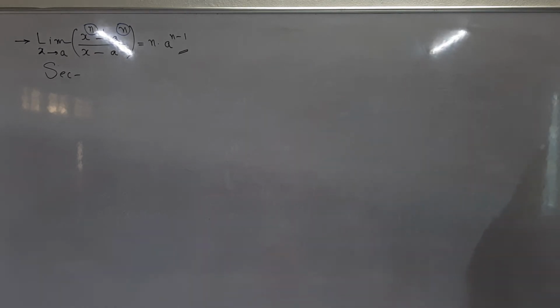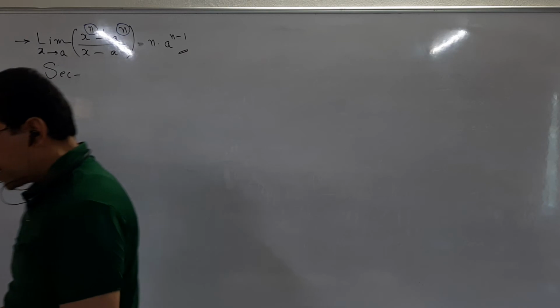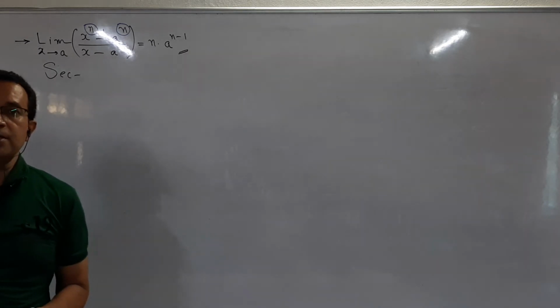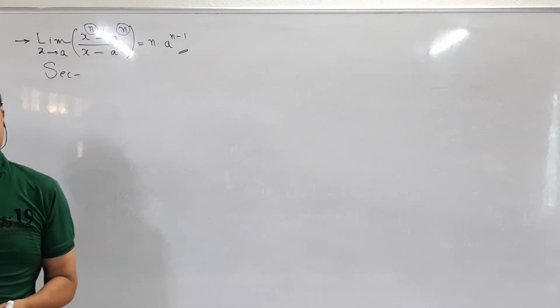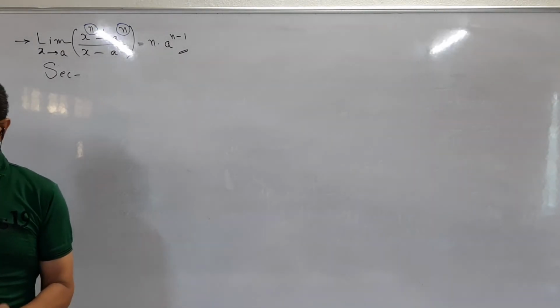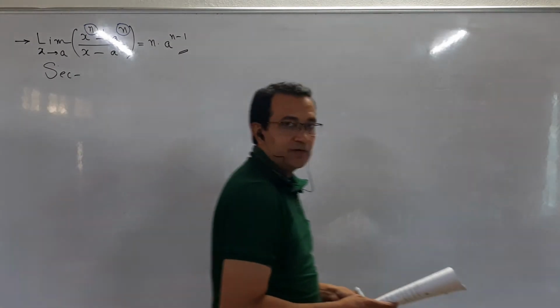Students, section C. In the last lecture I taught you: explain the meaning of x tends to a, we have written. Explain the meaning of x tends to 0, we have already written. Define the limit of a function, I have already told. State multiplication working rule, we have written. Division working rule, and state the standard form of limit of a polynomial.